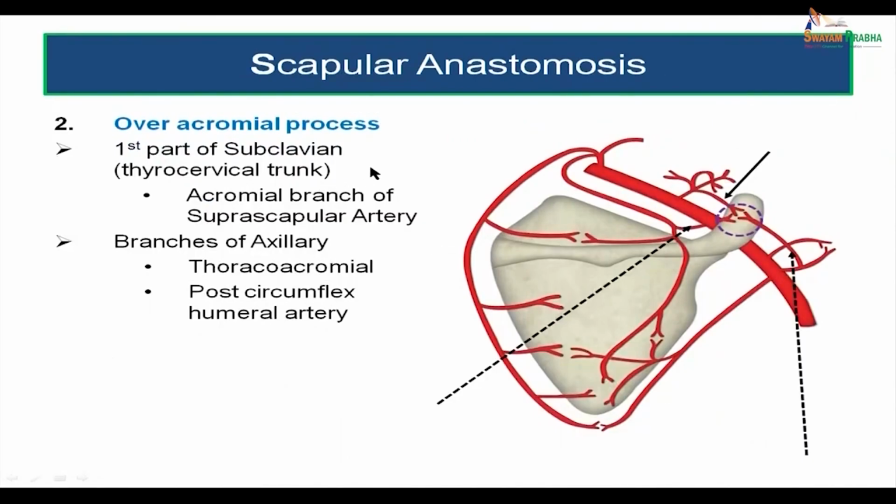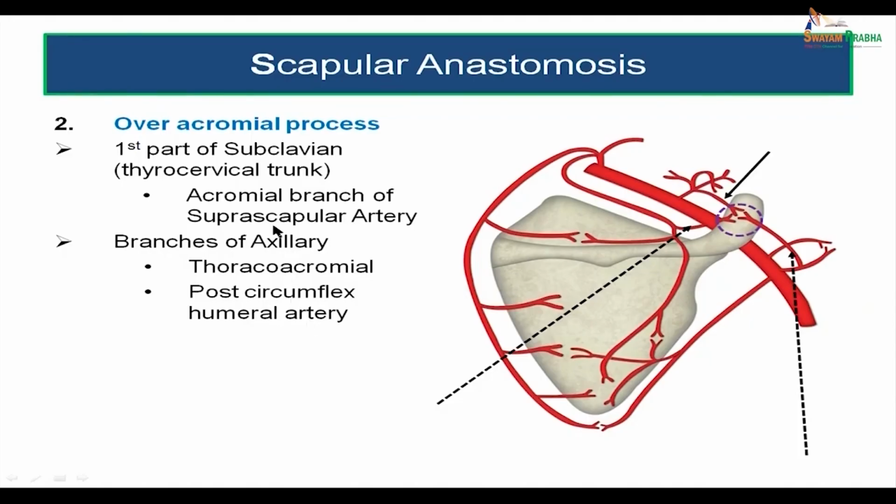The second anastomosis is over the acromial process. This anastomosis is between the acromial branches of the suprascapular artery and the acromial branches of thoracoacromial artery and posterior circumflex humeral artery.